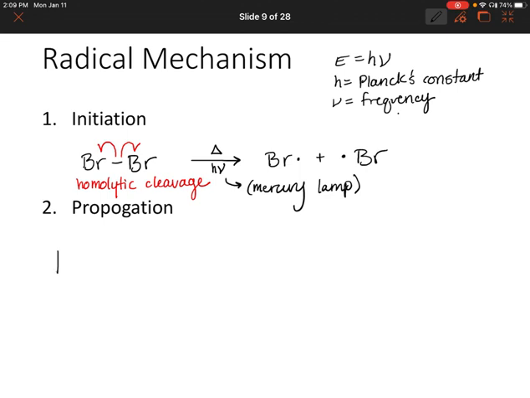So let's use our starting material from the last problem we did. So we've got our six-membered ring with a methyl group. And remember, we're going to lose the hydrogen on the tertiary carbon. And we're going to react this with one of our bromine radicals. And the first step here is hydrogen abstraction.